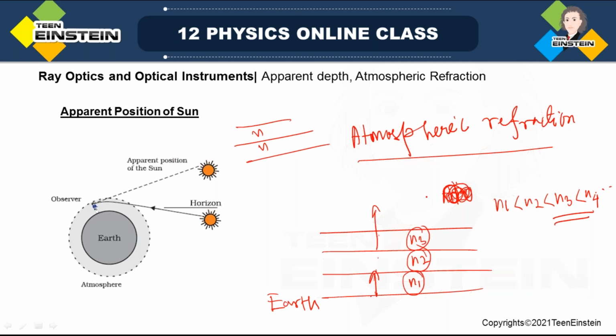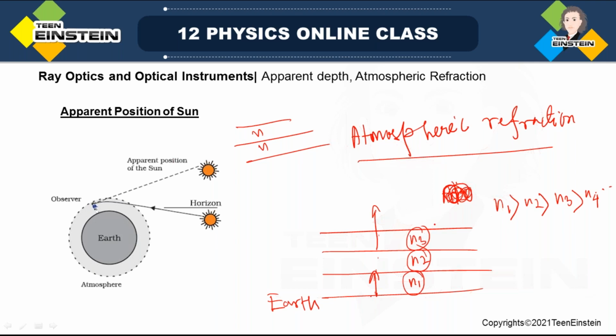So now what happens? Okay, I think actually it is in the reverse way. Just a minute. It is in the reverse way. The refractive index decreases actually. The refractive index is more near the Earth's surface.